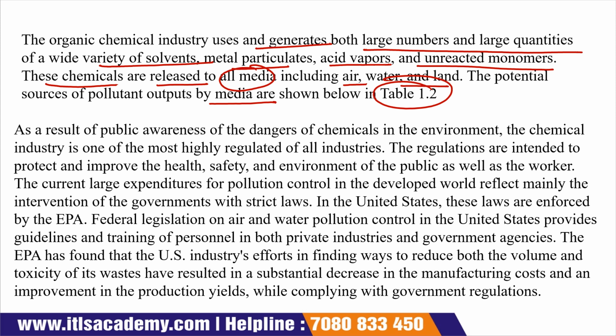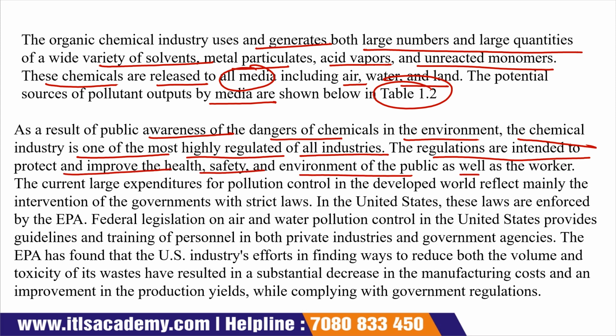As a result of public awareness of the danger of the chemicals in the environment, the chemical industry is one of the most highly regulated of all industries. The regulations are intended to protect and improve the health, safety, and environment of the public as well as the worker.